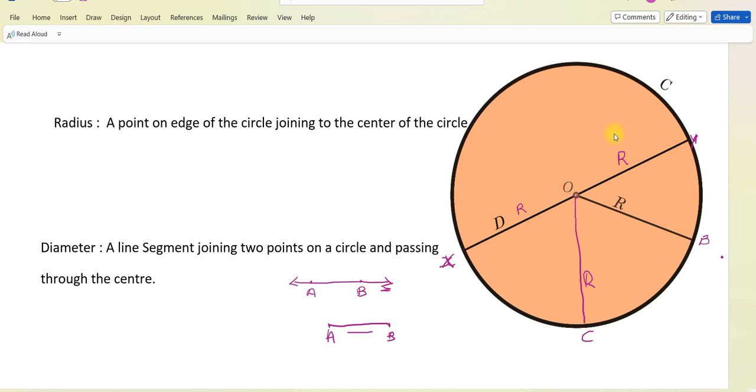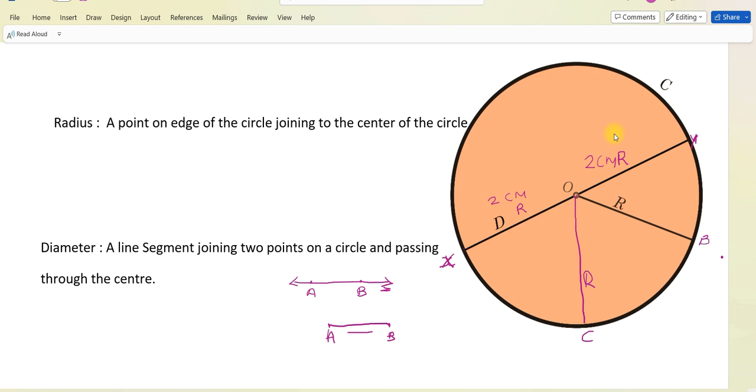Say the length from O to Y is 2 centimeters, and this is again 2 centimeters. Why? Because this is a fixed point. If you join it to any point on the edge of the circle, you will always have the same length.